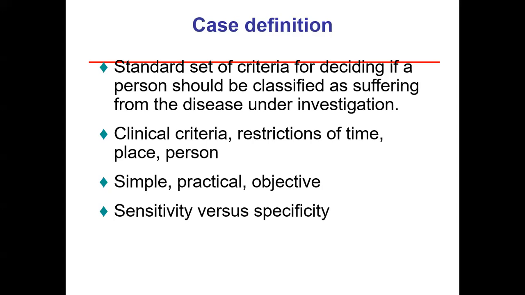Different diseases have different case definitions. The advantage of a case definition is that it gives you a uniform way to identify a suspected case or a confirmed case of a disease worldwide. It's standardized. So, a case of a disease in Nigeria is the same case in Namibia, the same case in Uganda, the same case in Ghana, the same case in the United Kingdom.